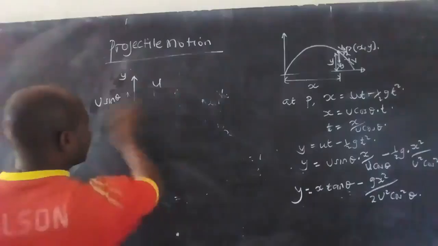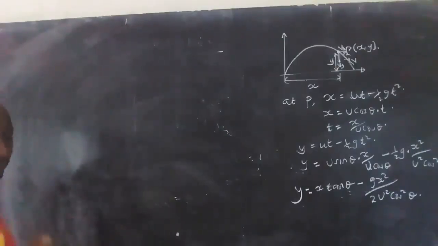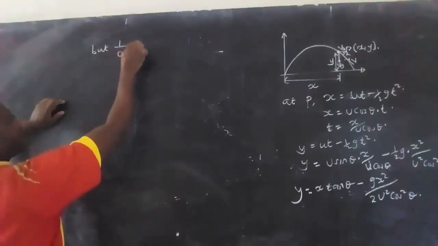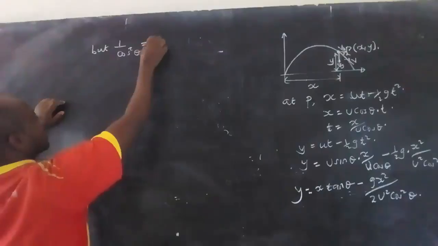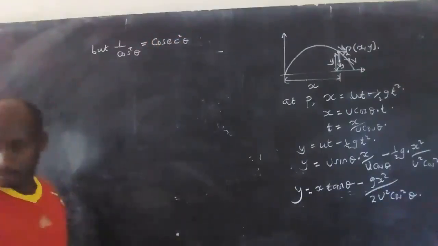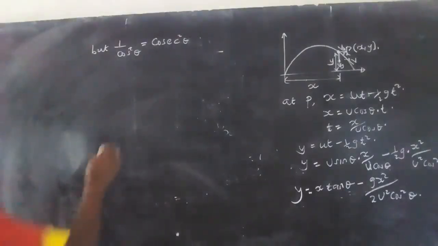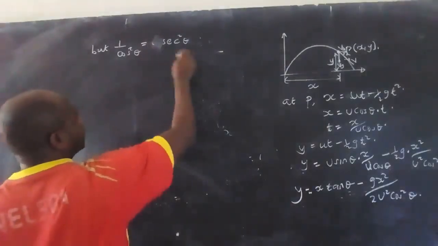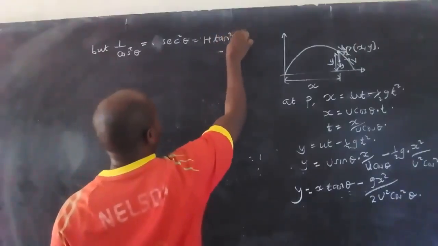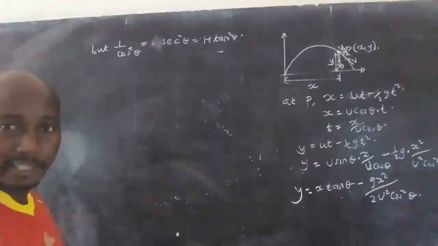Then we shall now say that 1 over cos squared theta is same as sec squared theta, which is same as 1 plus tan squared theta. So these are identities in mathematics, okay?